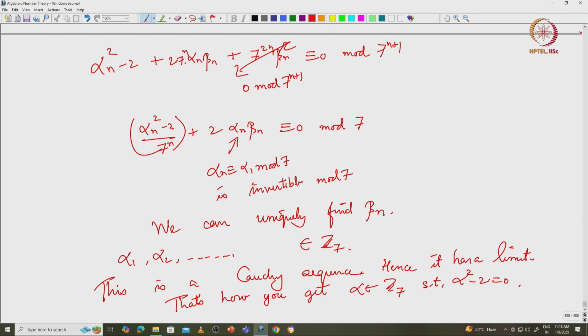I hope this example illustrates how this limit process works and how you approximate roots in p-adic numbers. This is the thing that we will generalize next time to prove Hensel's lemma. I will give you two versions of Hensel's lemma.